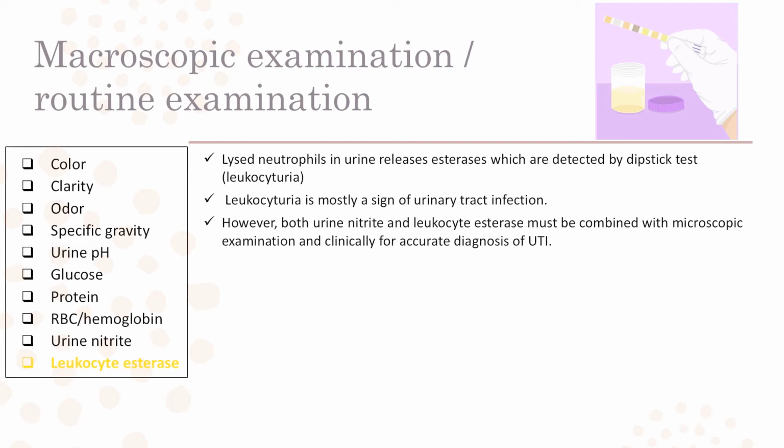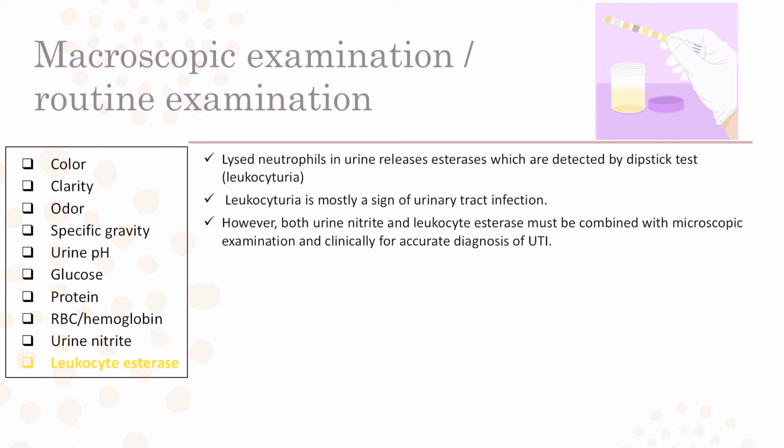Then leukocyte esterase. The urine contains leukocytes, and that is called leukocyturia. This leukocyturia can be detected by the presence of leukocyte esterase in the urine on the dipstick.